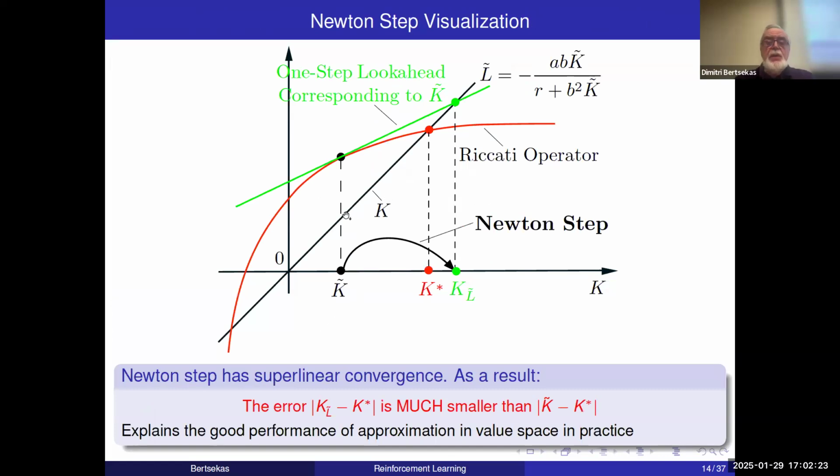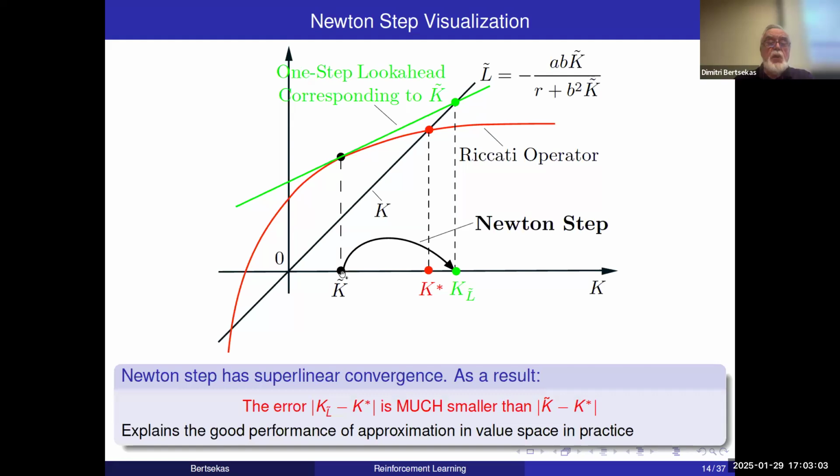Okay. So this is the Newton step visualization, Riccati operator, cost function approximation. This K tilde. At that point, we do the one-step look ahead minimization. That gives us this green line, and that gives us KL tilde. This is the coefficient of the one-step look ahead policy, and the corresponding cost coefficient is KL tilde.